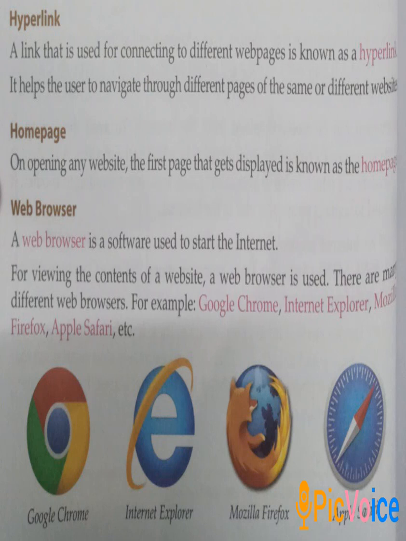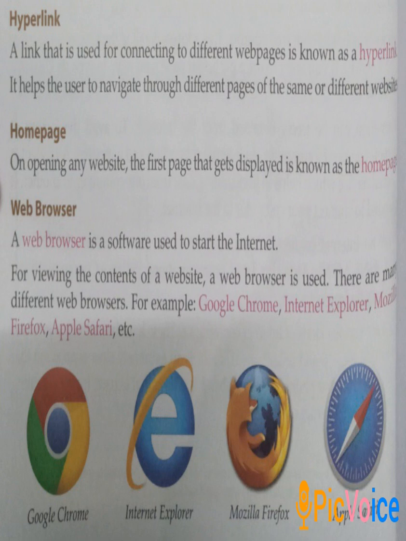Hyperlink. A link that is used for connecting to different web pages is known as a hyperlink. It helps the user to navigate through different pages of the same or different websites. Home page. On opening any website, the first page that gets displayed is known as the home page. Web browser.